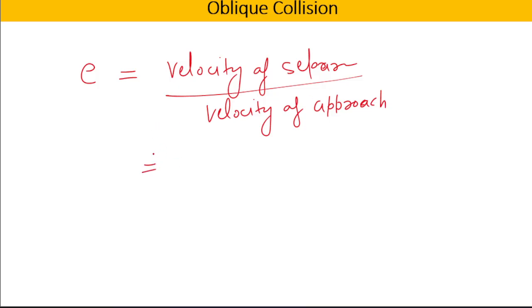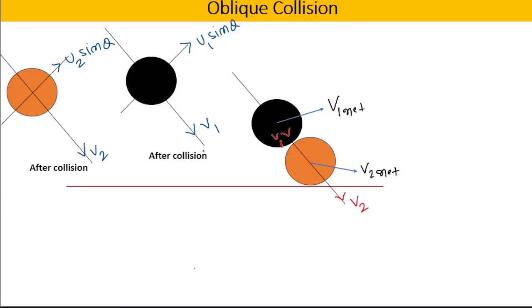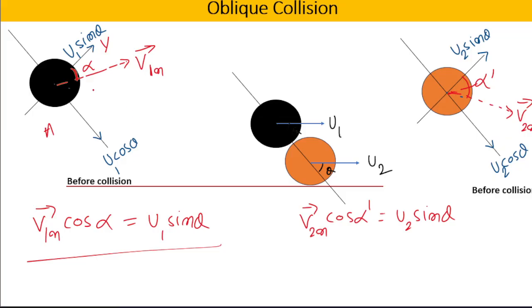So coefficient of restitution, that is E, that also you will write along which sense? That also you will write along line of impact. हमेशा याद रखो, this thing also you're going to write along what? Line of impact. So along line of impact, what is the velocity before collision?